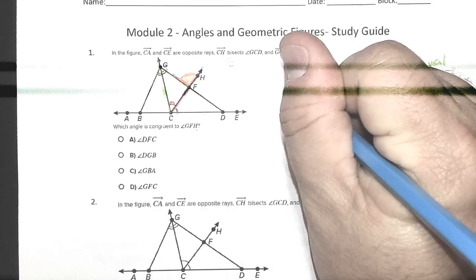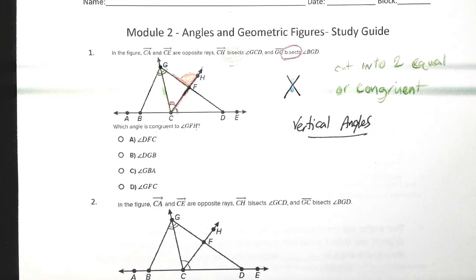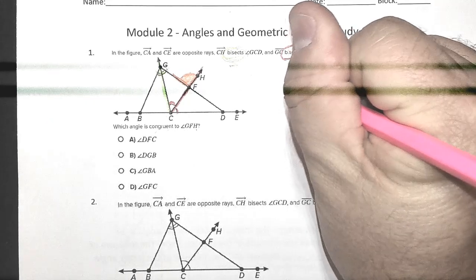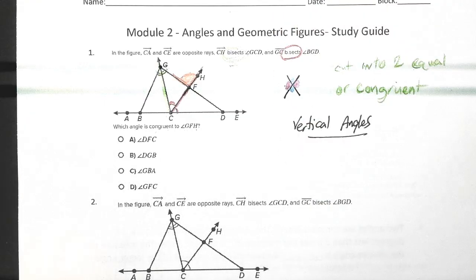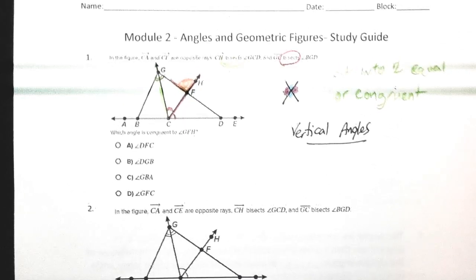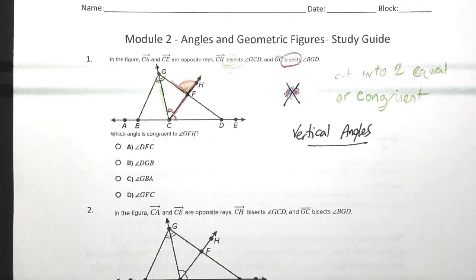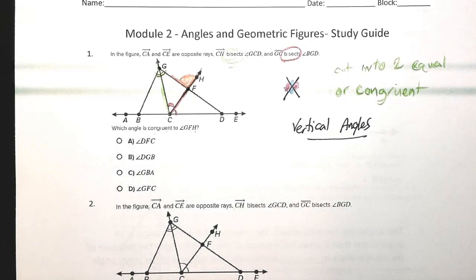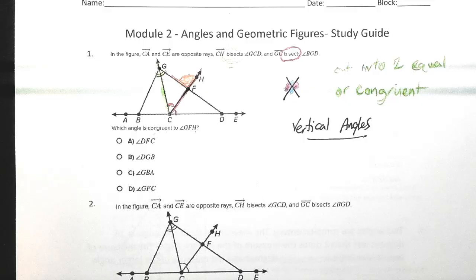I'm going to make the up and down blue because they're congruent, and I'm going to make the left and right pink. This looks a little better than the other camera. I can see my color a little better. So the pinks are congruent, the blues are congruent.